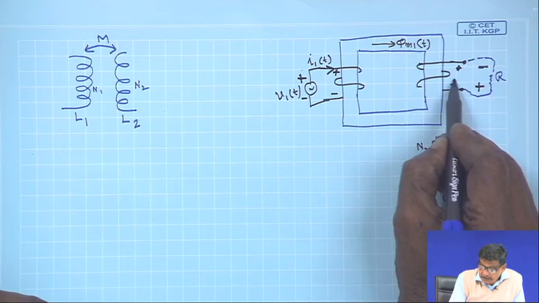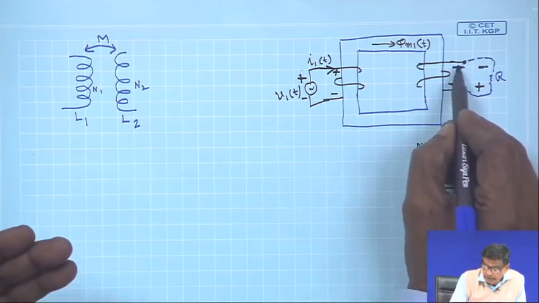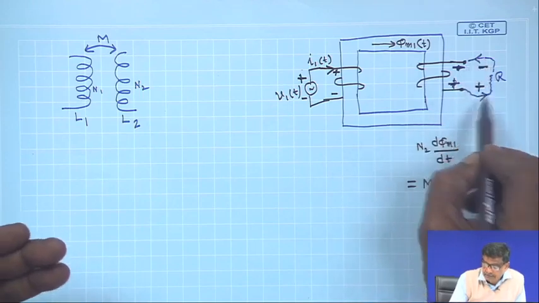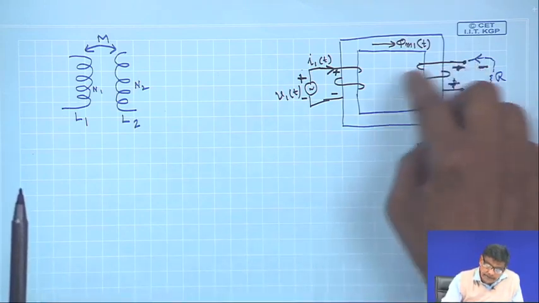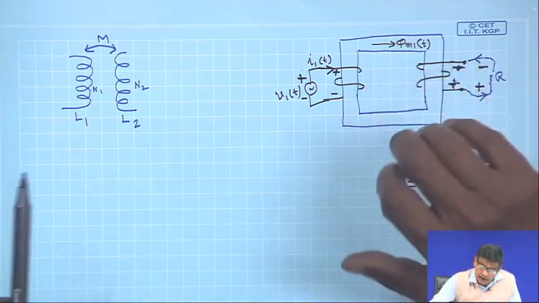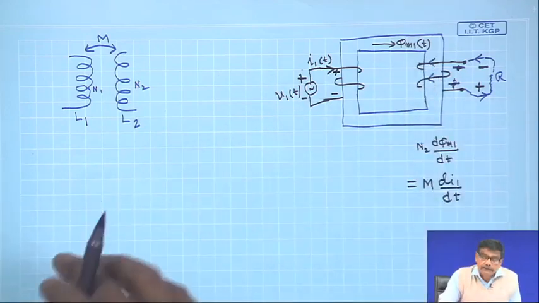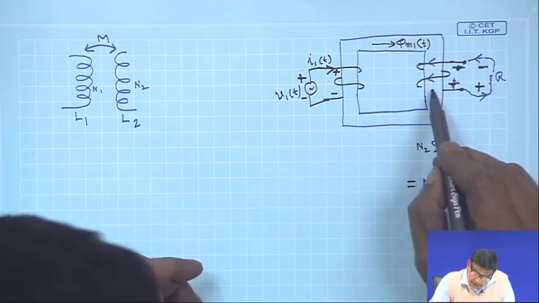This is the voltage. This has become a source of voltage with this plus, this minus. So, current here has to be like this at that particular instant. If this is the direction of the current in the second coil, the flux produced in the second coil will be like this, and its direction will be in this way.